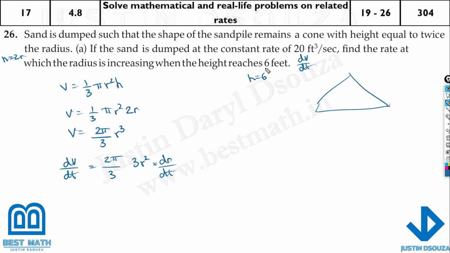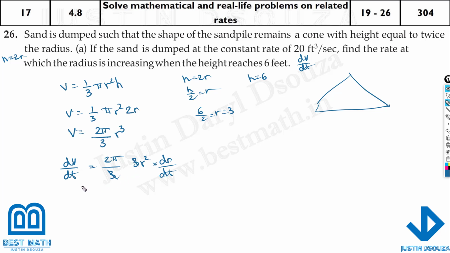But the problem is the height is given as 6 feet, not the radius. So what is r value? Now we'll use this relation h is equal to 2r. So what is r exactly? It will be h by 2 is equal to r. Let's substitute the 6 feet. So when h is 6 feet, r will be equal to 3. So can I use this 3? Absolutely, I can use this as 3 squared.